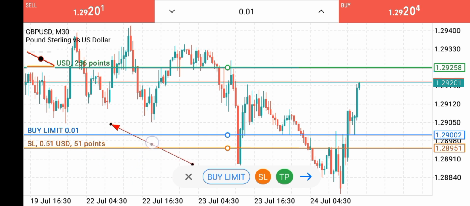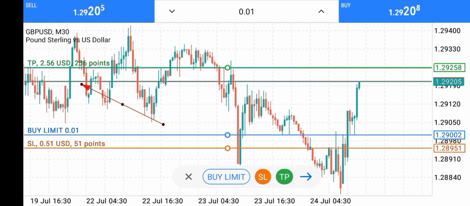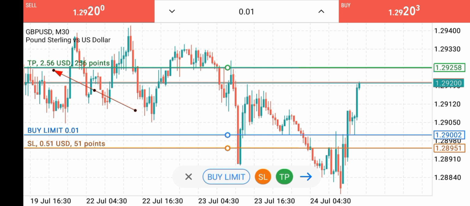But if this trade should go in your direction, you will notice right here that your take profit is $2.56. So this is a very good trade.